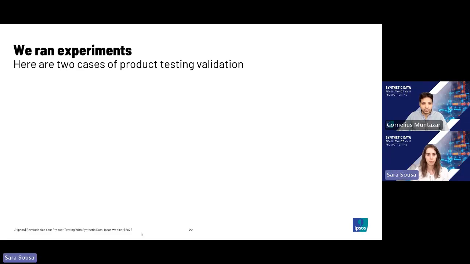We ran some experiments, and while the process is fascinating from a technical perspective, ultimately our goal is validating the output. We need to provide our clients results that accurately reflect real world outcomes, to inform confident decision making.